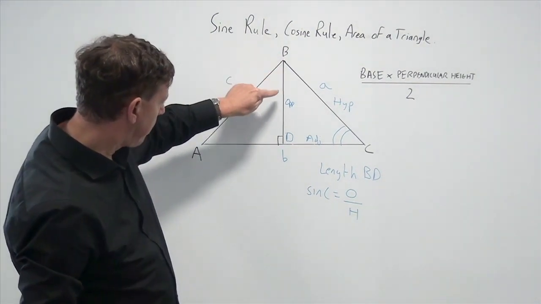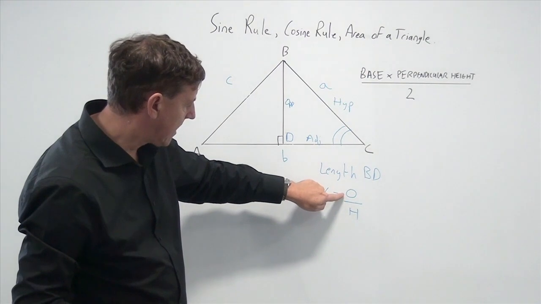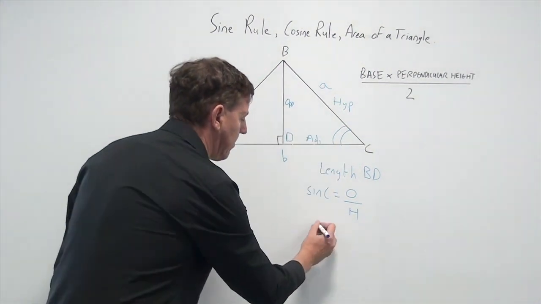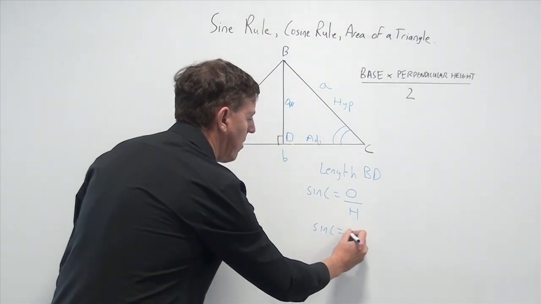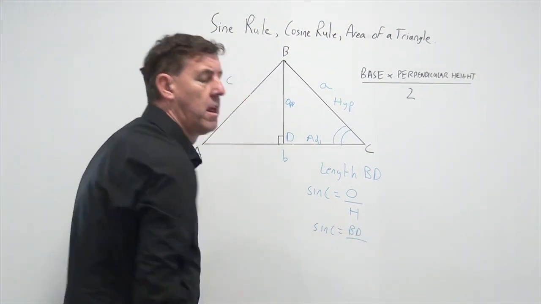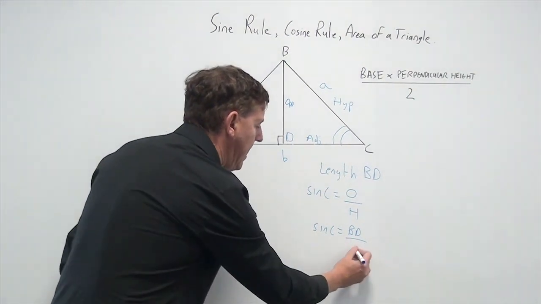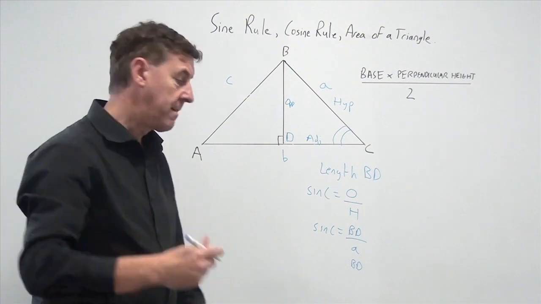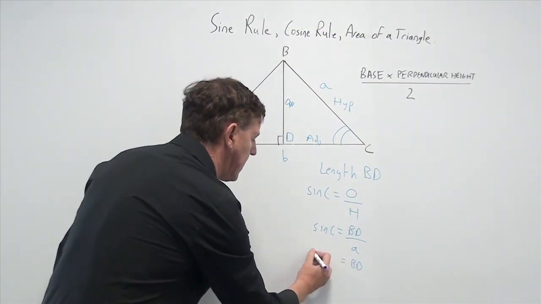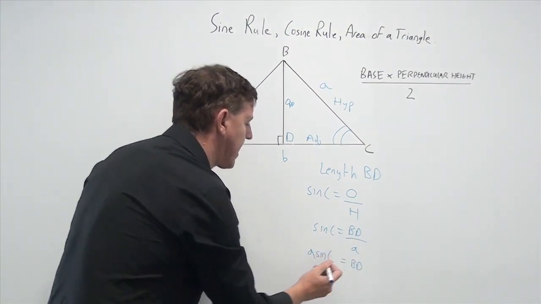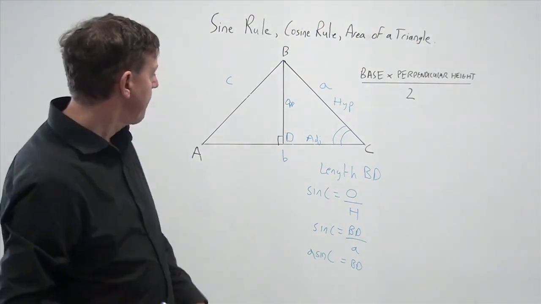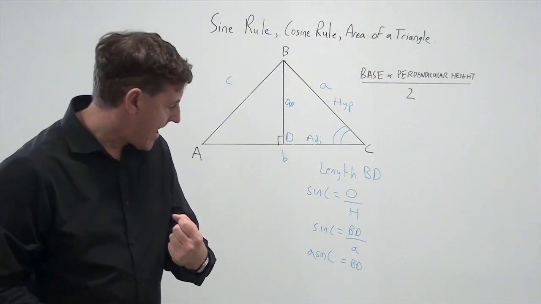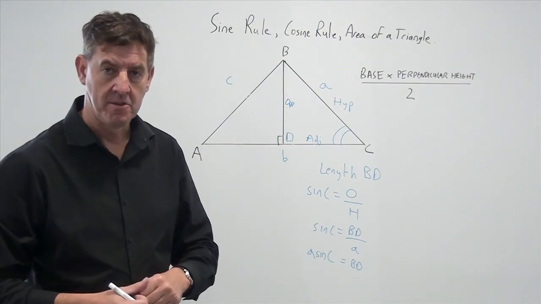I'm trying to calculate the length of BD, so that is the opposite side. I know the hypotenuse side is letter A, so I replace that now by length BD. Remember how we get rid of divide by A, times by A, so BD is A times sine C. I have now got that length represented by A sine C.